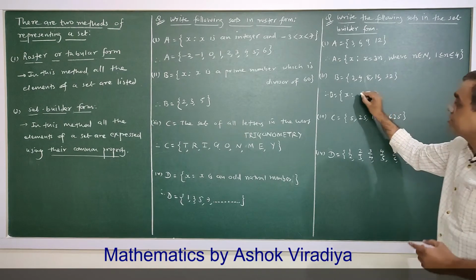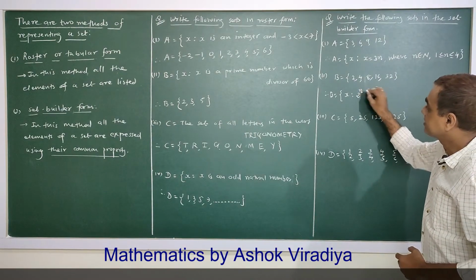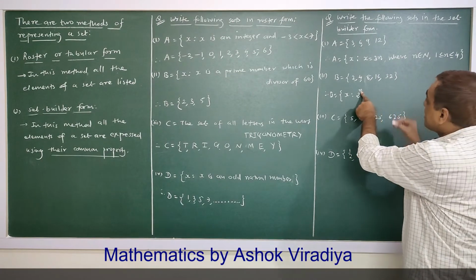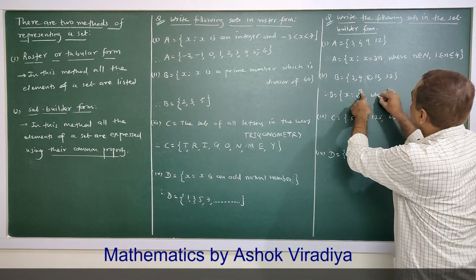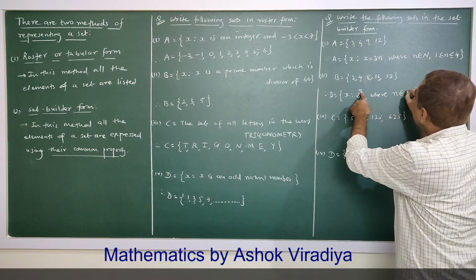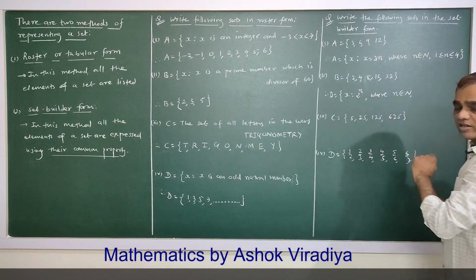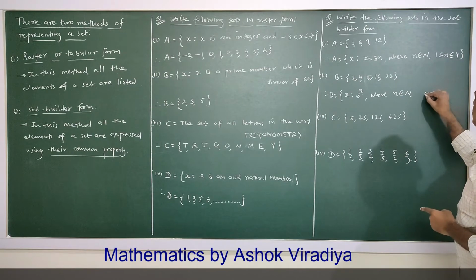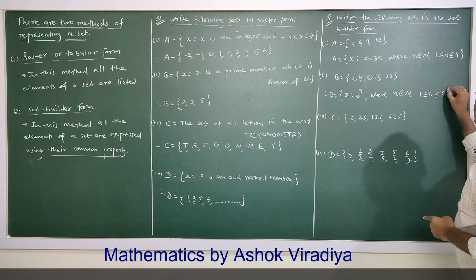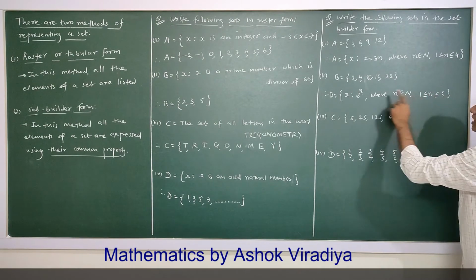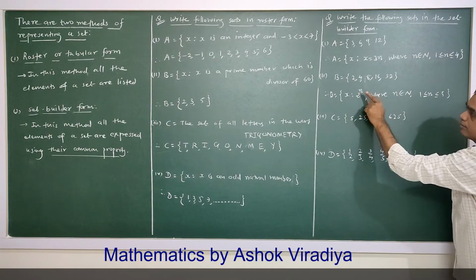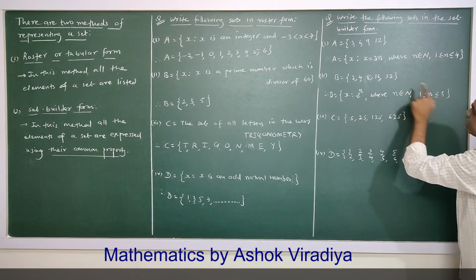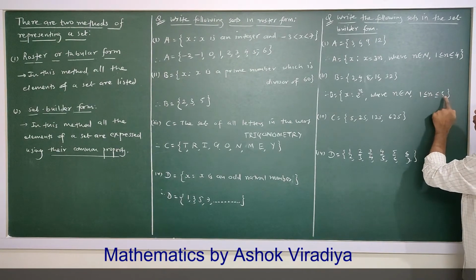So x is 2 raised to n. And for n we put a restriction: n is a natural number but not all natural numbers. We take up to 5, so the value of n begins from 1 up to 5. Putting 1 we get 2, putting 2 we get 4, putting 5 we get 32. So n is from 1 to 5.